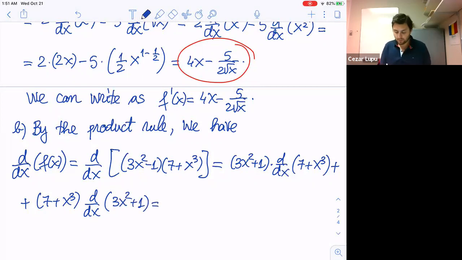So this is where we apply the product rule here, or this equality here, right? And now once we look at this, we know how to compute the derivative of each.